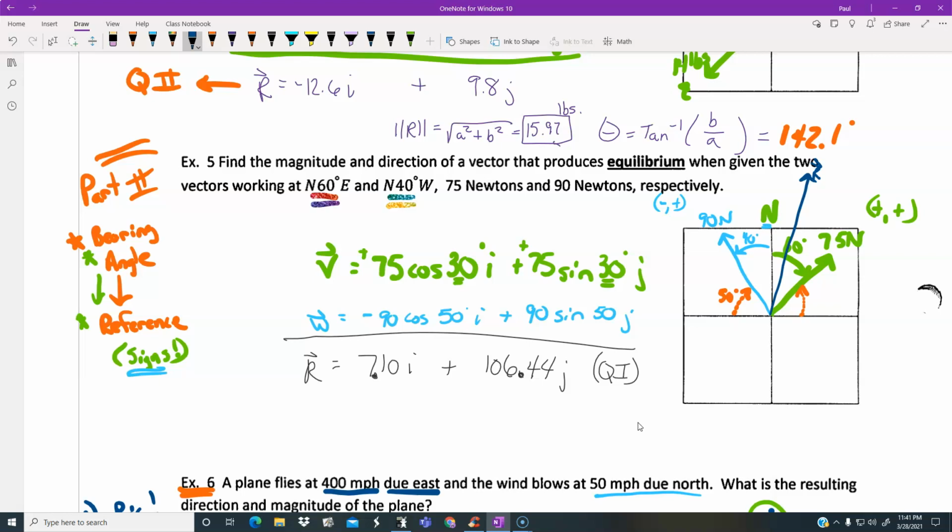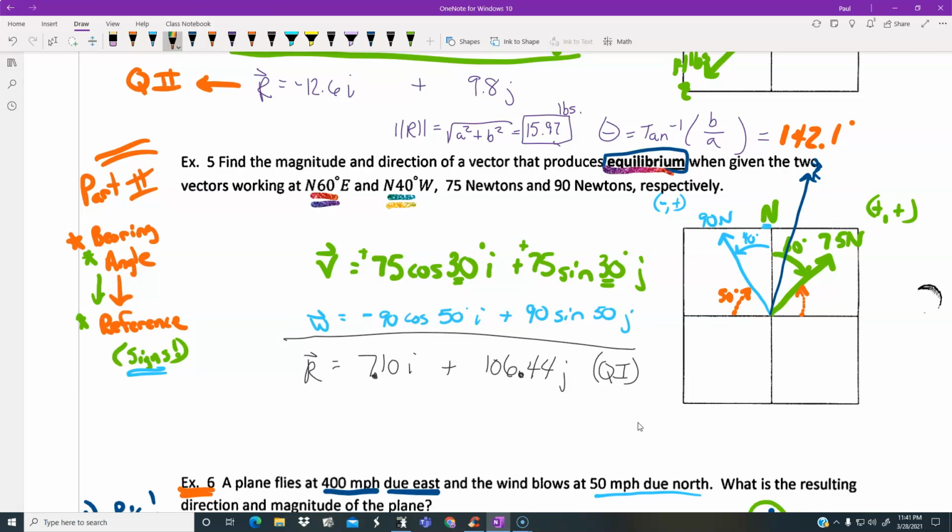But the question says it wants to produce an equilibrium. Now, if you see this word, what they're basically saying is, yeah, sure, those two vectors would definitely push that object in that direction. But if I wanted something to be in equilibrium, I would not want it to move. I would want it to stay still.